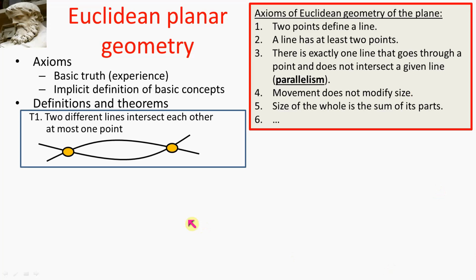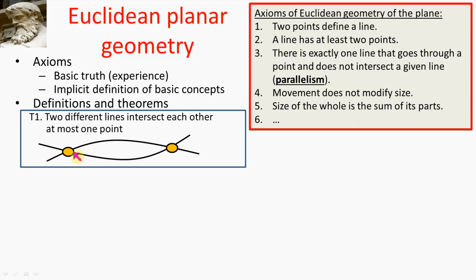For example, our first theorem is the following. Two different lines can intersect each other at most 1 point. So it is not possible that we have two lines that intersect each other at least 2 points. The proof means that we have to trace back this statement to the axioms. The logic of the proof is the logic of the indirect reasoning.